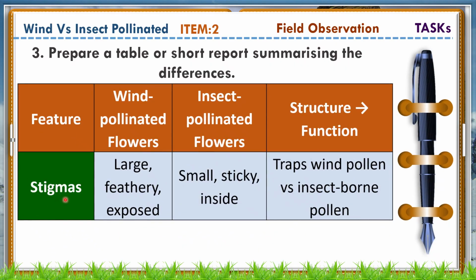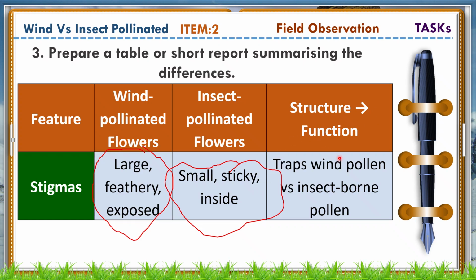We go to the stigma. The stigma for the wind-pollinated flowers are large, feathery and exposed. Whereas those for the insect-pollinated flowers are very small, sticky, and they are inside.